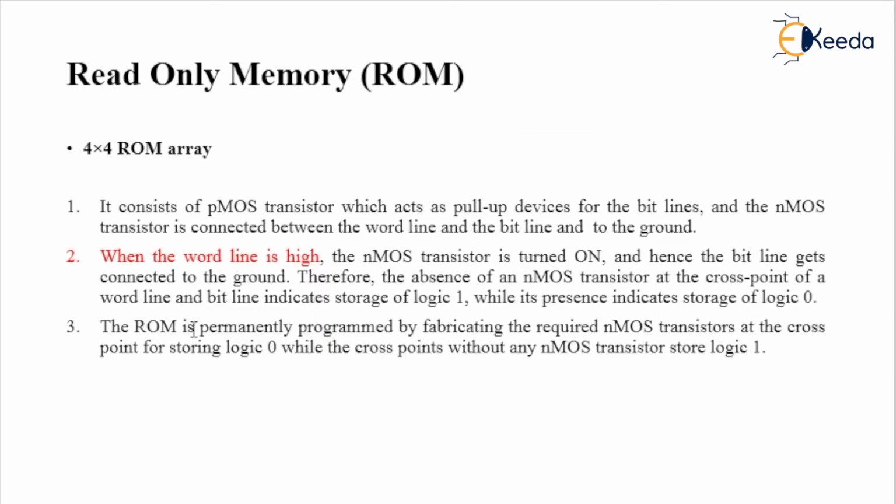The ROM is permanently programmed by fabrication, so it is a permanent memory. That is why it is a permanently programmed one. By fabricating the required NMOS transistors at the cross points for storing logic 0, the cross points without any NMOS transistors store logic 1.